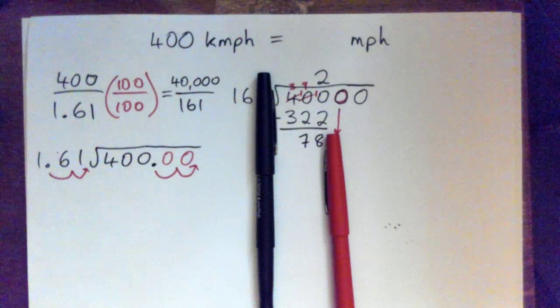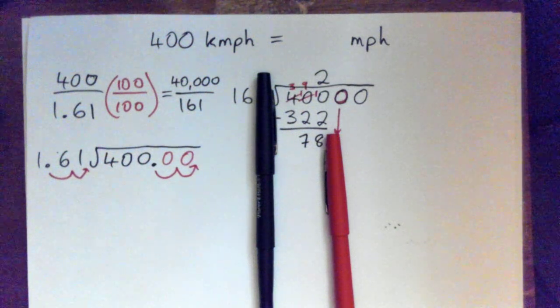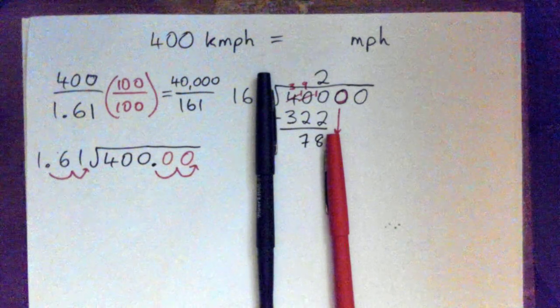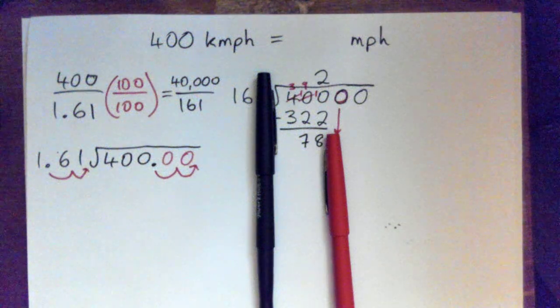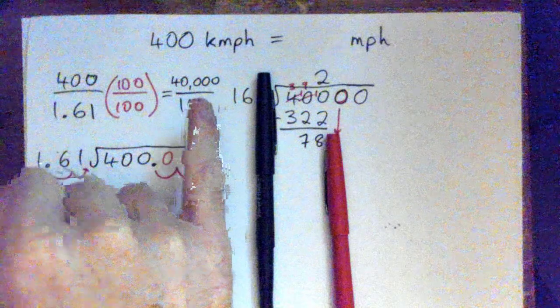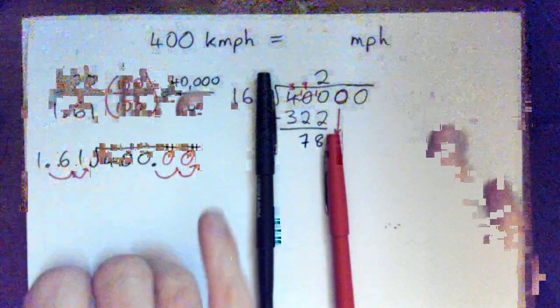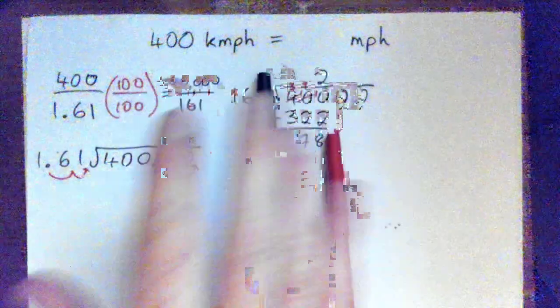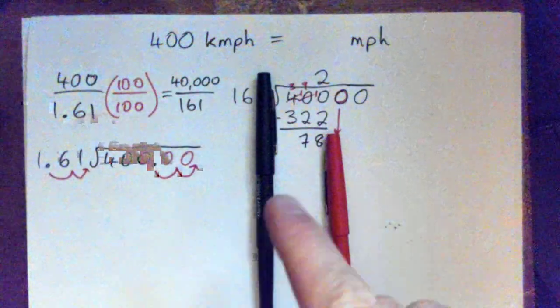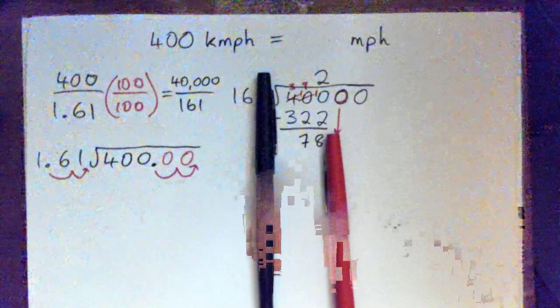Maybe a bit more? 16 times 5 is 80. Yeah, that's a good one, because half of 16 is 8. So 5 16s is 80, because 10 16s is 160. So 5 of them is 80. So 5 is probably too high. So we'll go 1 lower than 5, right?